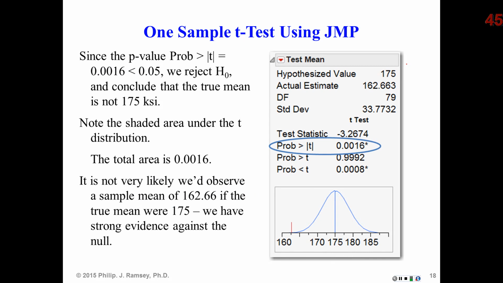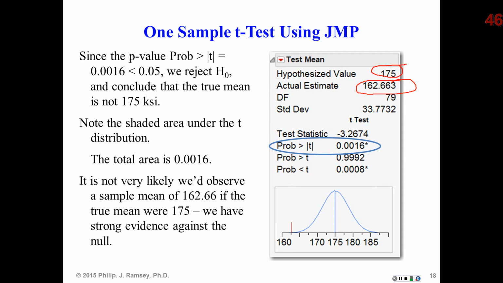Notice I hypothesized 175. The sample average is 162.7. It turns out that's actually a big discrepancy. If I take a look at my student t distribution, the theoretical one centered at 175, notice the discrepancy between 162.7 and 175 is so large you can't even see the tail area.